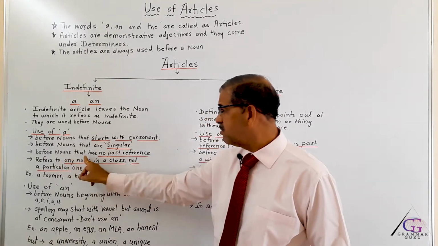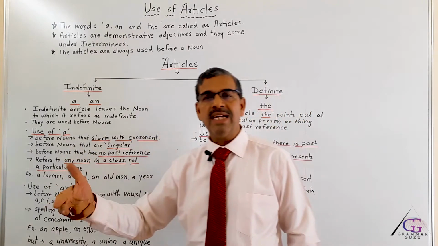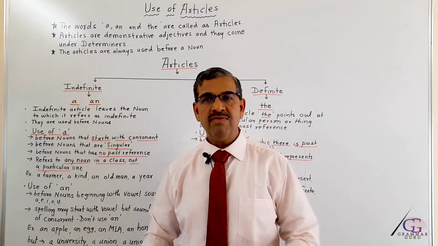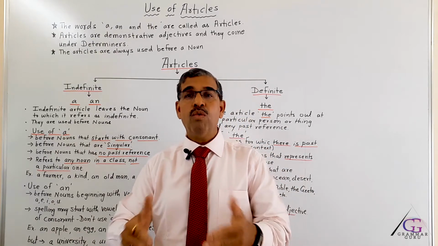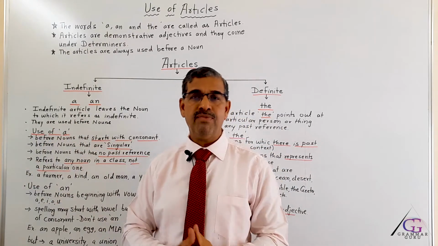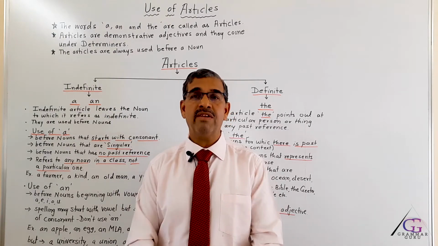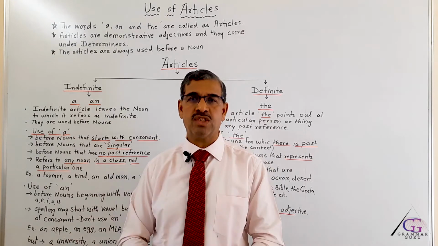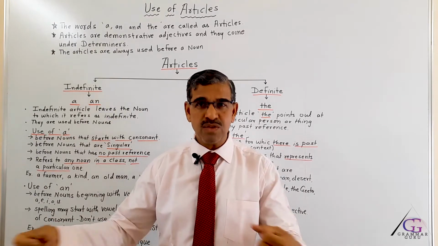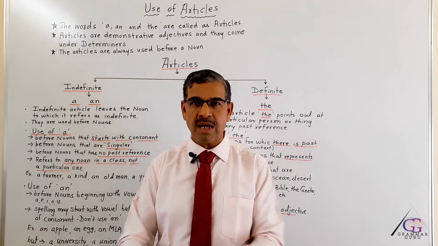Then, before nouns that have no past reference. When we start writing a story, we normally say, once upon a time there was a king. In a newspaper, the reporter will say there was an accident, there was a case of robbery, a case, because we do not know the reference about what case, where it happened, when it happened, how it happened.